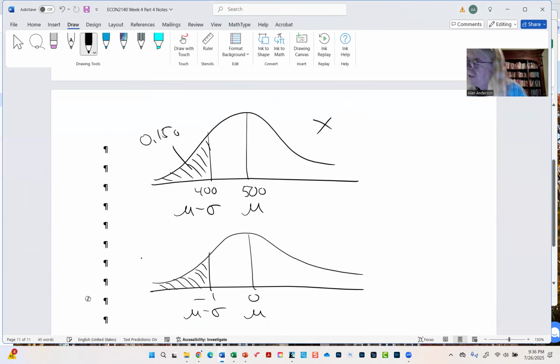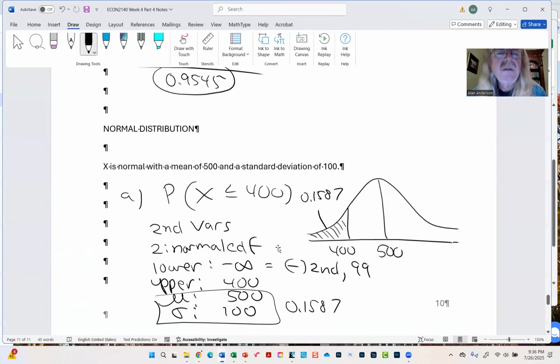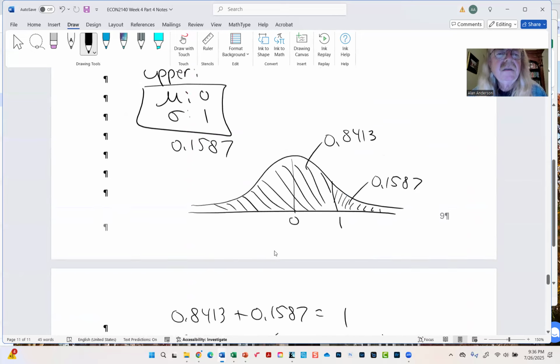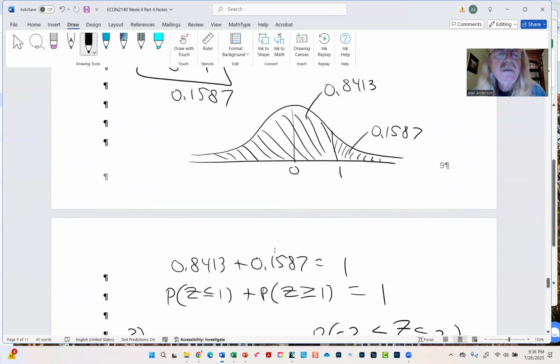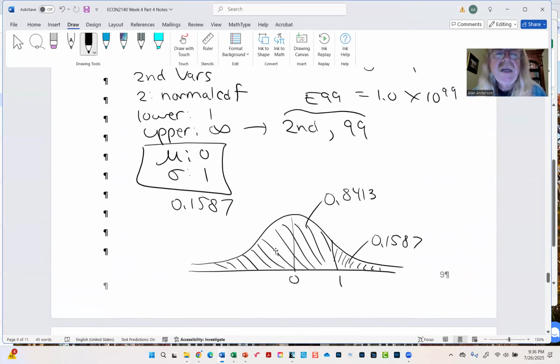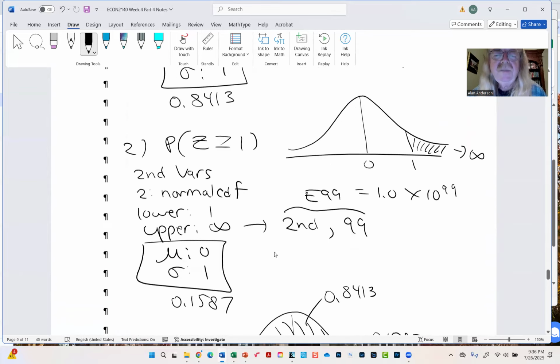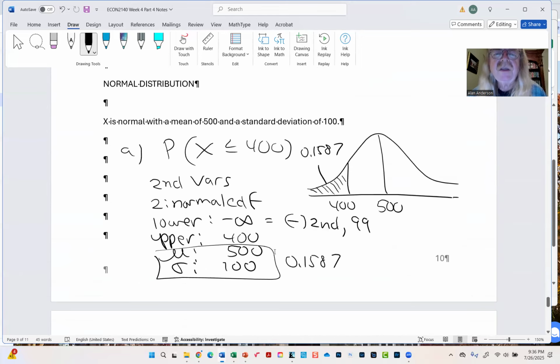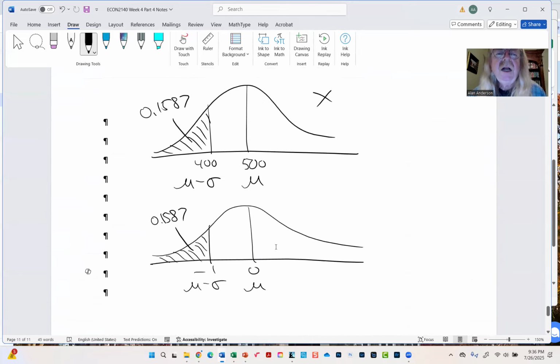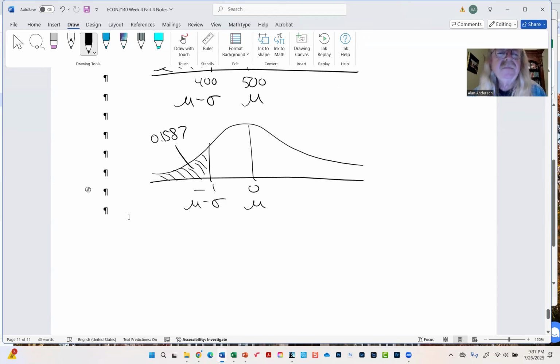So they have to be the same, right? Just a few minutes ago, or sometime tonight, we've definitely done this one. And it was 0.1587, but I just want you to see the connection between the two. Because here's the thing, the probability doesn't depend on the numbers, actually. It depends on the number of standard deviations we are away from the mean. That's the bottom line.